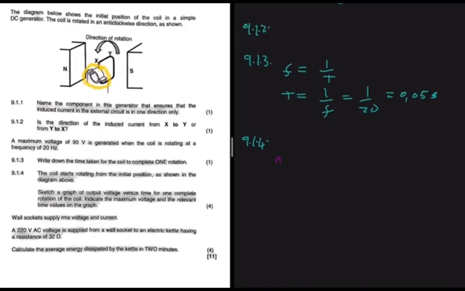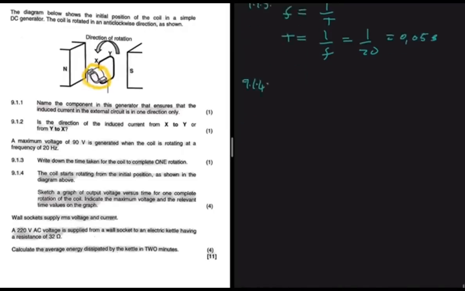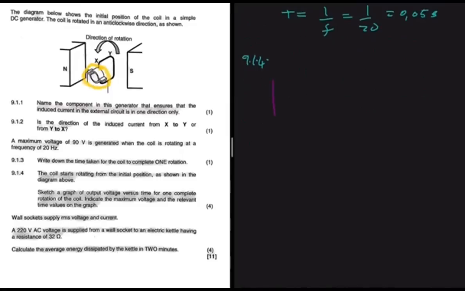So let's sketch our axes here. On the x-axis we have time in seconds, and on the y-axis we have voltage in volts. We only want one complete rotation.